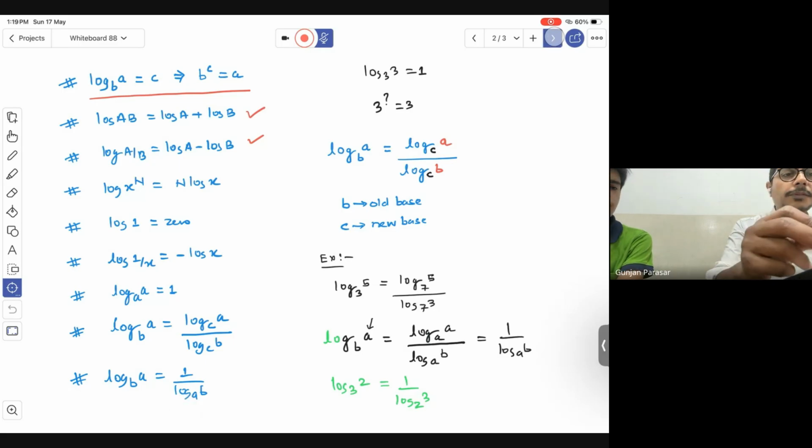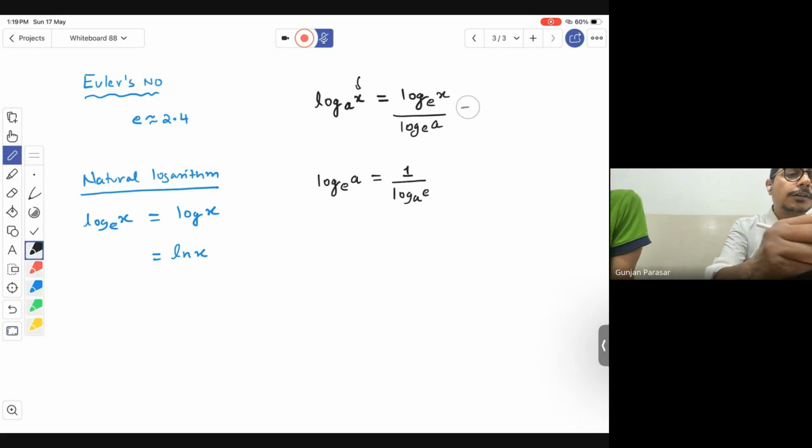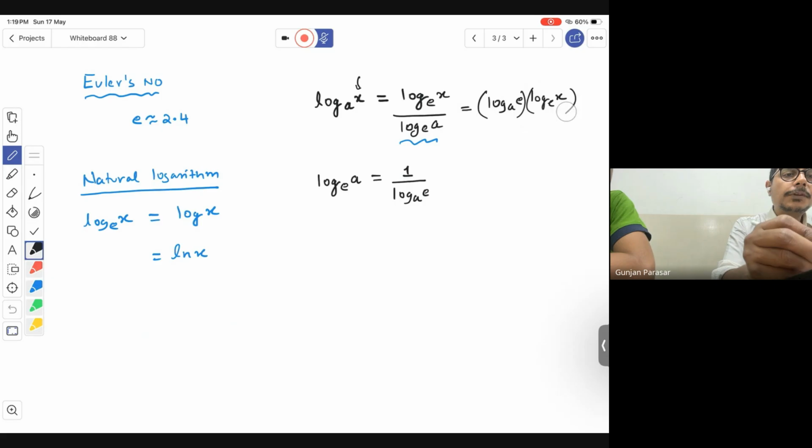What I'm telling is, if it is written like this, it should not confuse you. Log_e A is the reciprocal of log_A e, correct? So it can also be written like this. We don't want to write anything in the denominator, it feels weird. You can write it like that also. That is not wrong, no? Clear, no? So logarithm over. That's all.